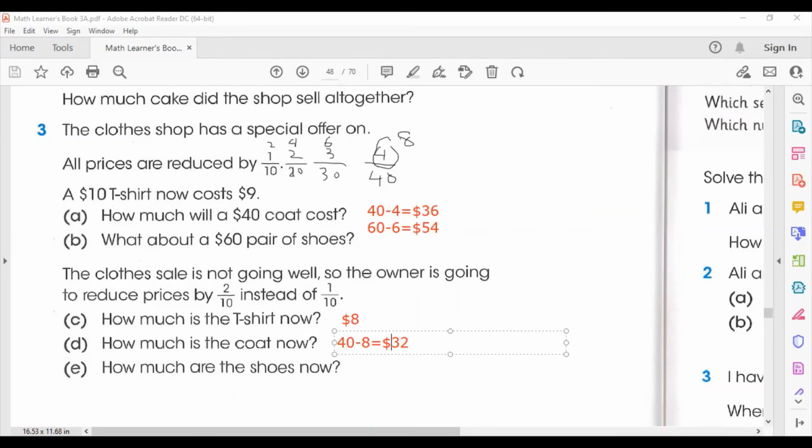Now from 60 minus, $4 changes into 8, $5 changes, and $6 to 12. So 60 minus 12 equal 48. So now the price for the shoes is $48.